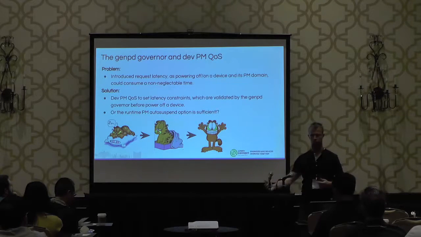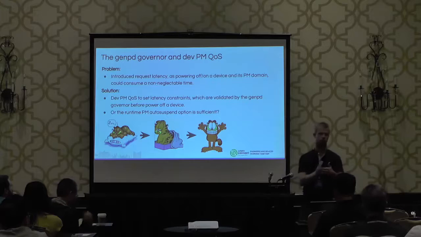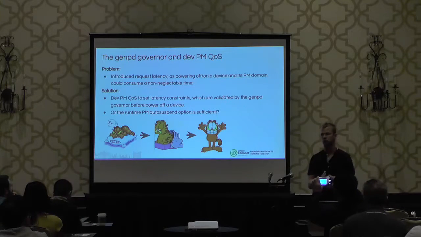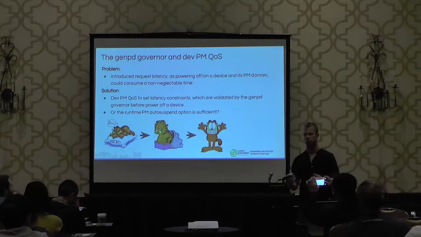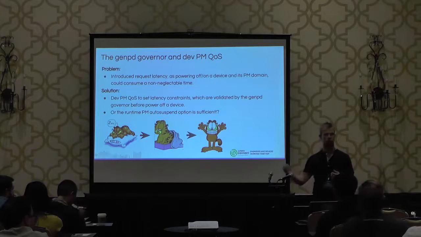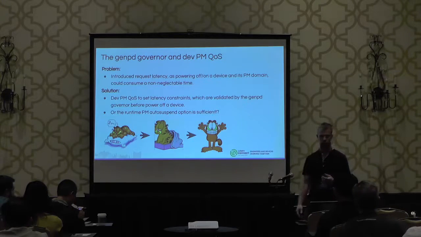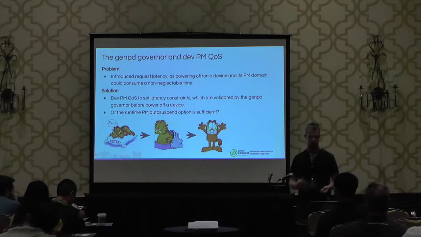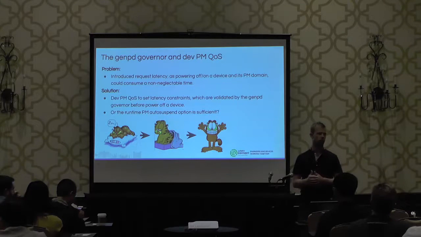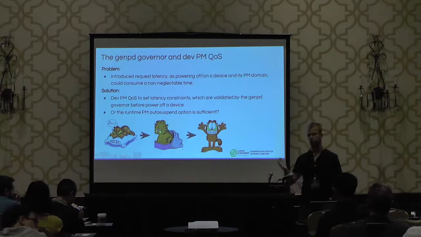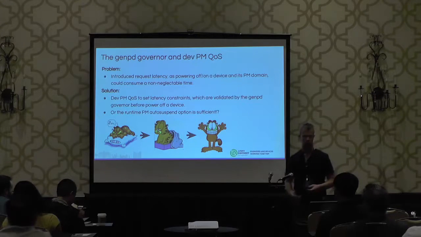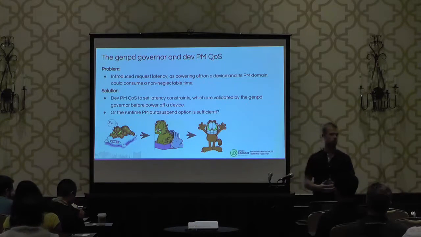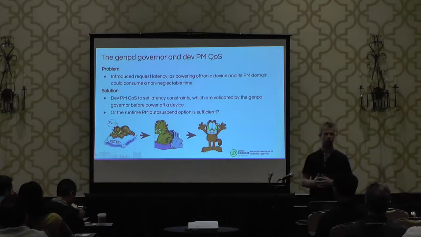So when a request comes in, it will suffer from an initial latency before the actual device can start dealing with the request. In some situations, this latency is completely acceptable, and of course it depends on how big the latency is. In other cases, you just can't accept this kind of latency.